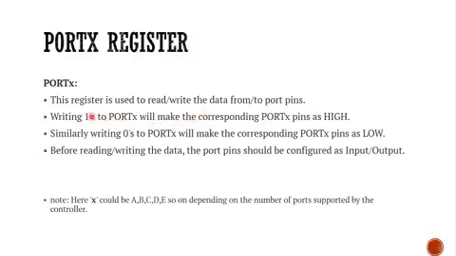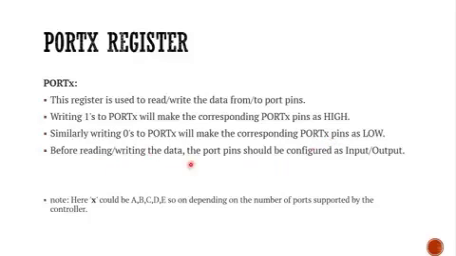Okay, so 1 means that we are writing 1 to the port X. So this means that this port X will write high as an output. Okay. But if we write 0, so this means that the output is low.